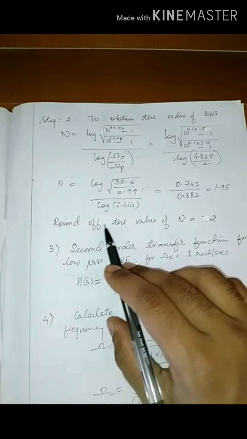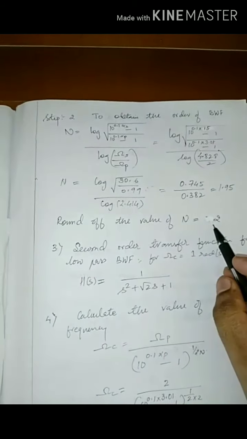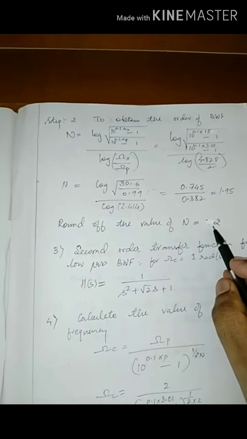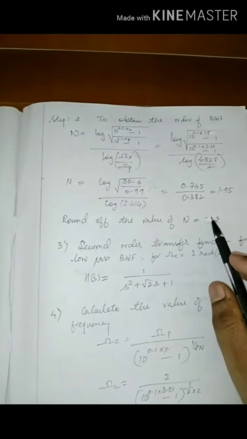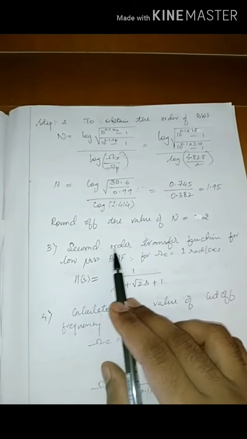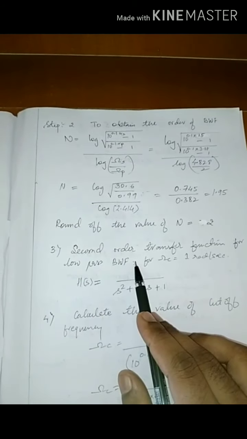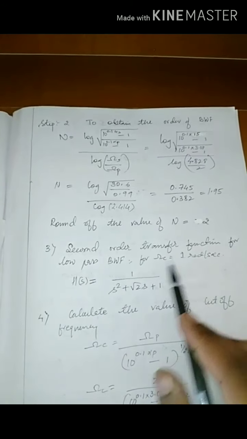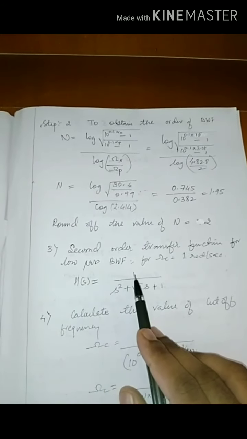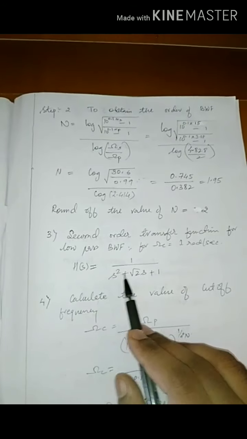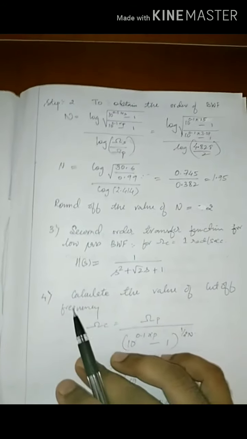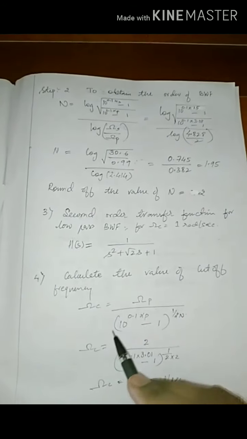The next step is to round off the value of n to the next higher integer, that is n is equal to 2. Depending upon n equal to 2, we are going to write the transfer function. So the second order transfer function for a low pass Butterworth filter for omega c equal to 1 radian per second is H of s is equal to 1 divided by s square plus root 2 s plus 1.